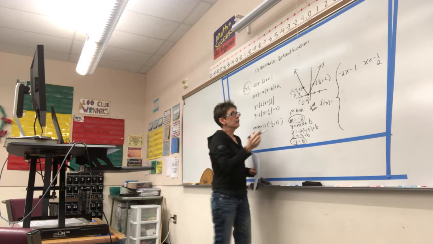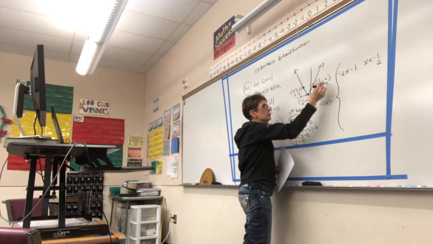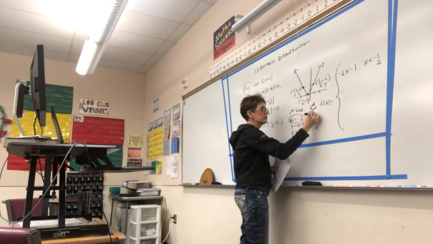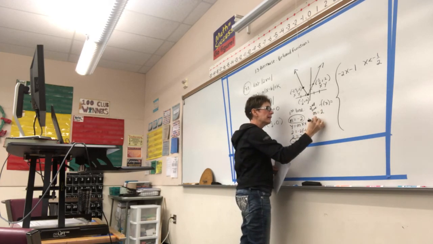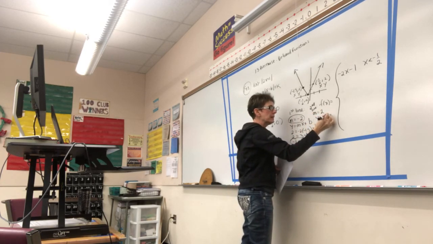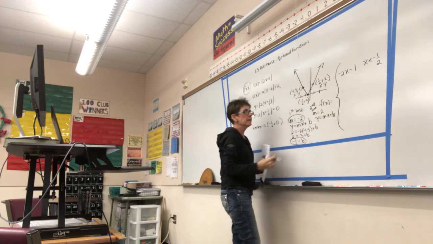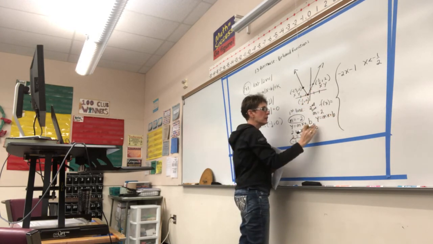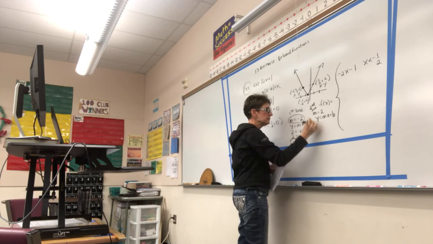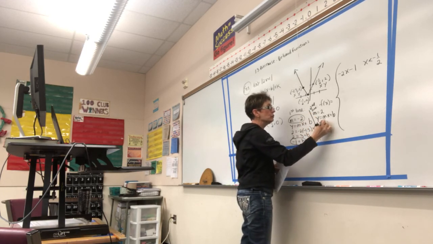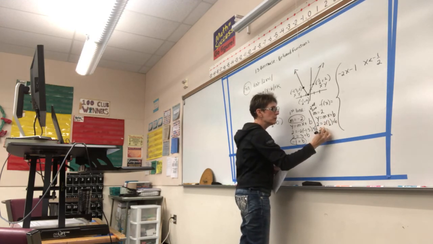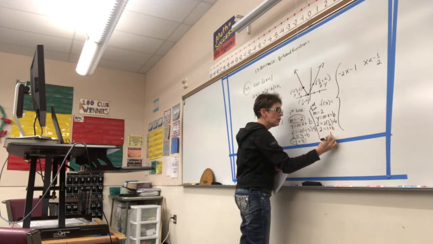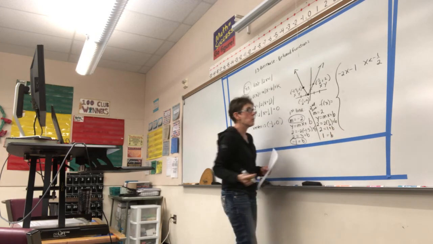The second line goes to the point 1/2, 2, and has a slope of +2. So my m is 2. Again, I want to plug everything into y equals mx plus b. This time I'm plugging in this point. So I'm going to write 2 equals 2 times 1/2 plus b, or 2 equals 1 plus b, or b equals 1.